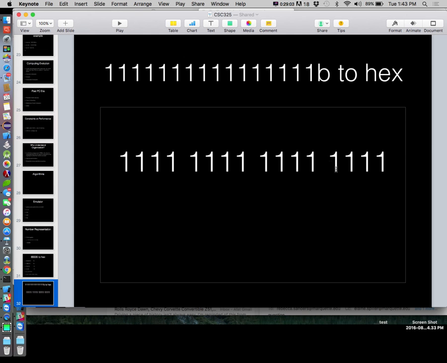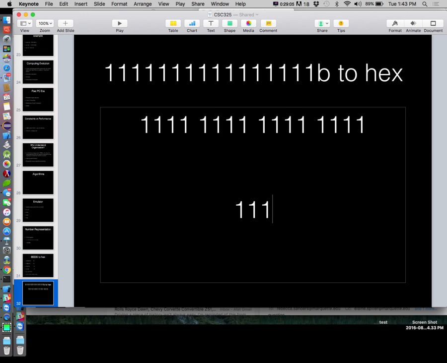All right, if I just threw this 4-bit number, this nibble, in front of you, and told you to convert that to decimal for me: this is the 1's place, the 2's place, the 4's place, the 8's place. So 8 plus 4 is 12, plus 2 is 14, plus 1 is 15.